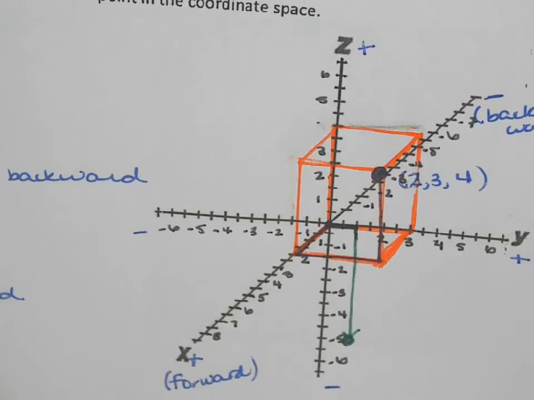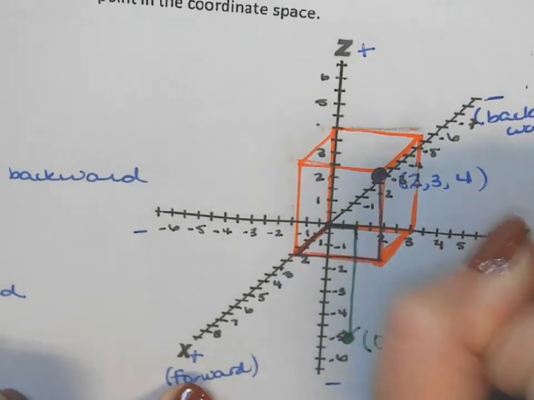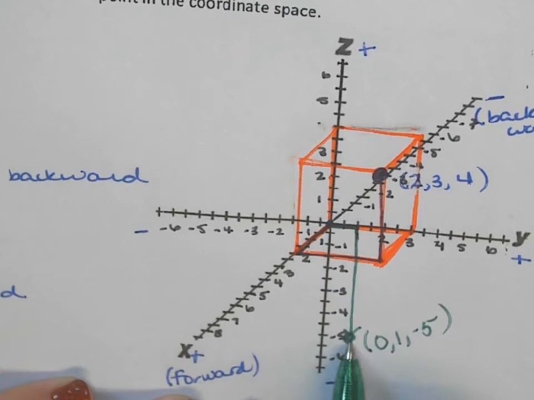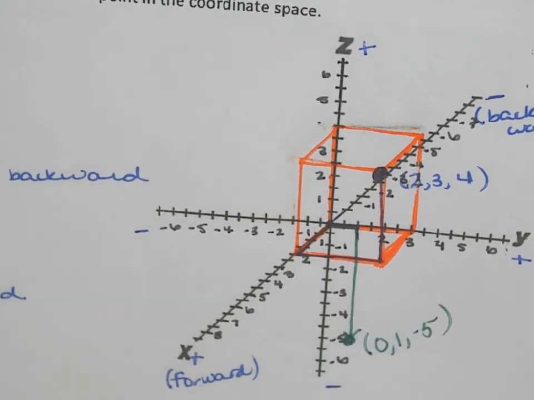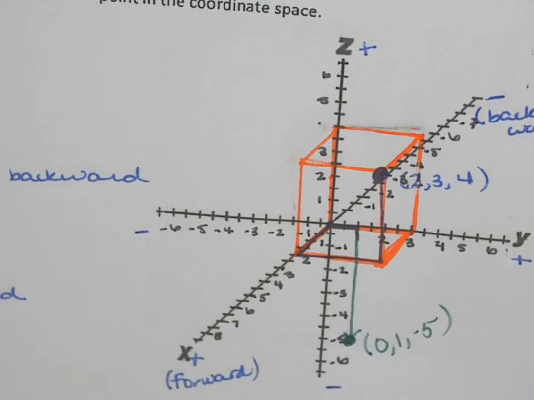Since you're just going left or right and up or down, this point here is the 0, 1, negative 5. That one's a very easy one to plot because of the 0. You don't have to go forward or back. You're just going to the right 1, down to negative 5, and that's your point right here. Make sure you show it as an actual point.